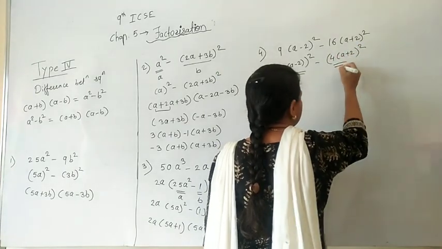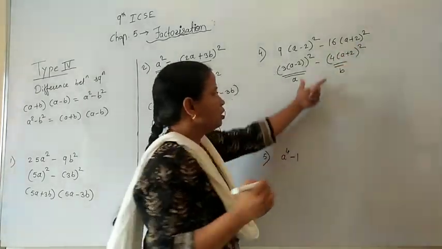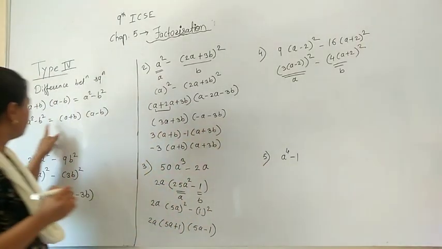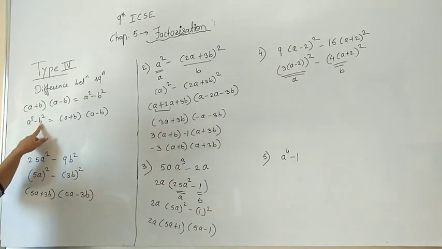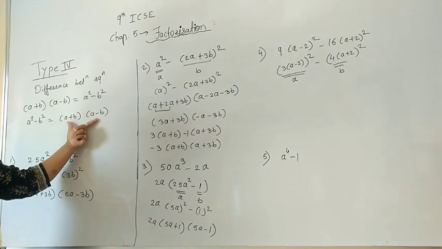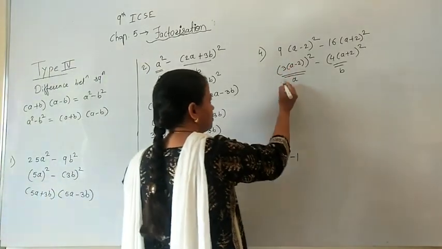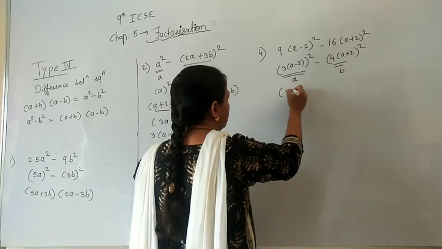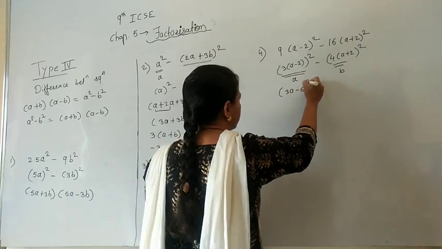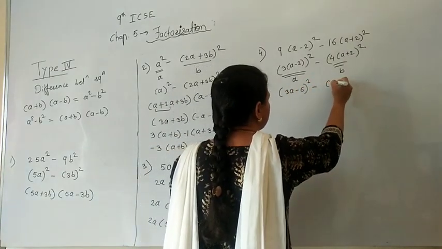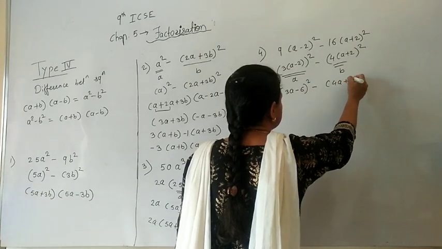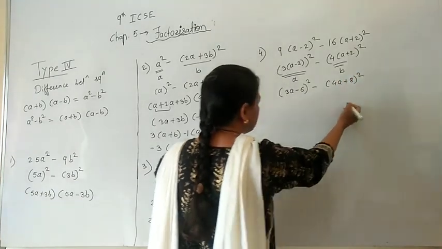This whole term we are taking as b. Now this question is in the form a square minus b square, right? So we want these two factors. So first of all, 3a minus 6 bracket square, and here 4a plus 8 bracket square.